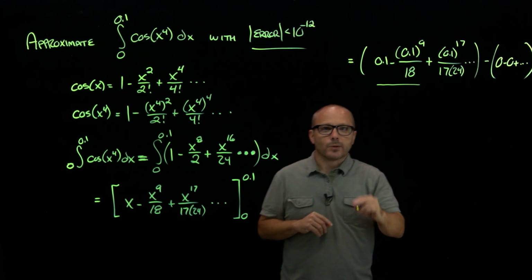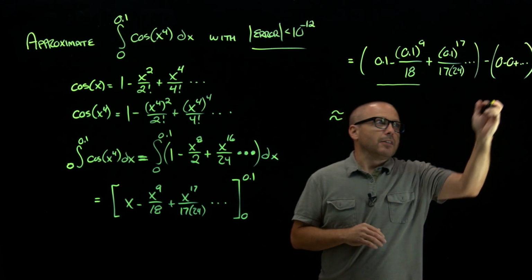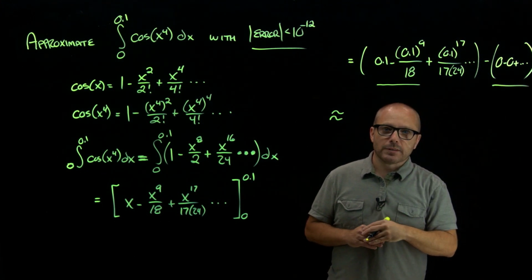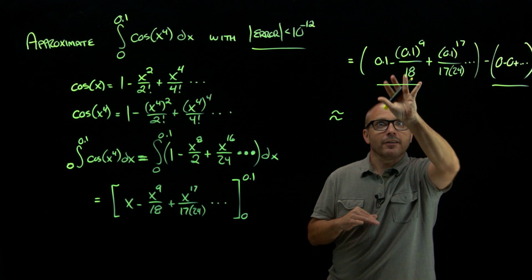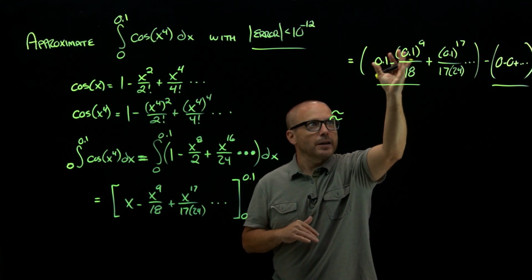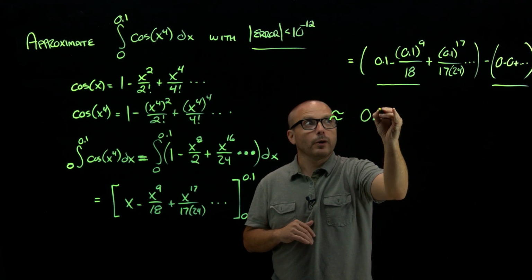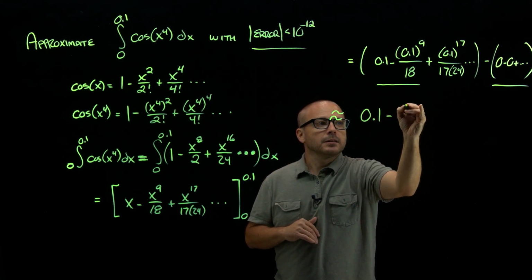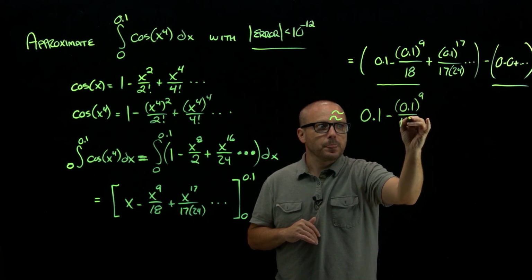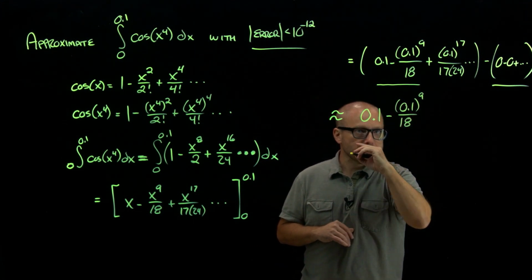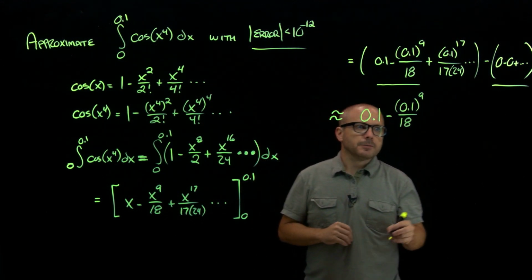So here's where the squigglies come in. This is now approximately. Now this thing I know exactly. 0 plus 0 plus 0 plus 0 plus 0 forever is 0. So no error there. But I do introduce error when I stop at that term. So 0.1 minus 0.1 to the 9th over 18. And then I want to state why I know I've achieved that error.